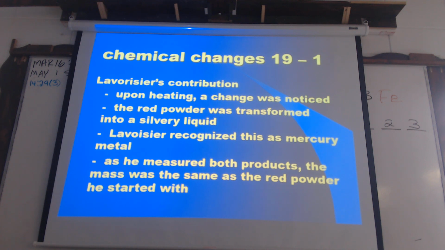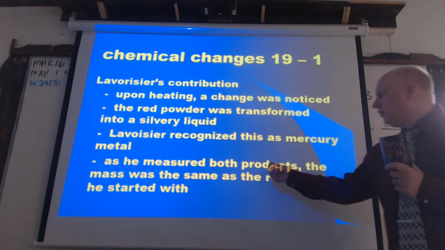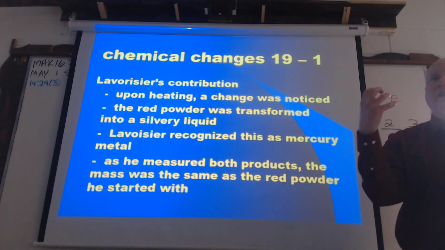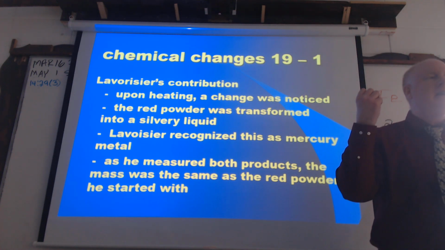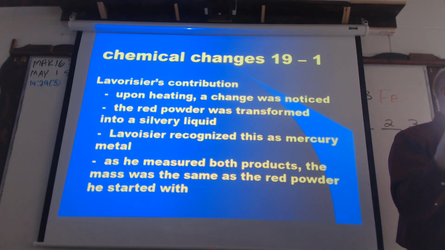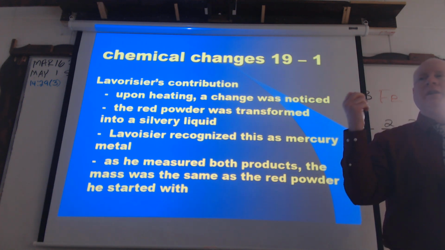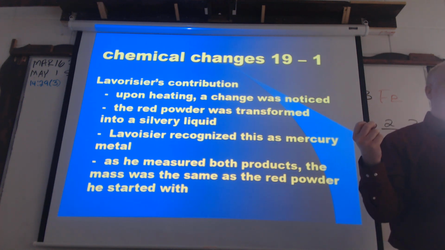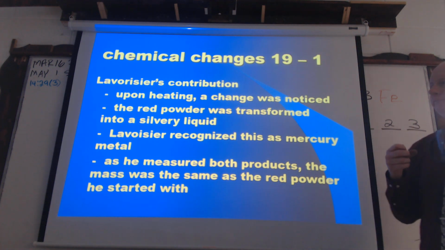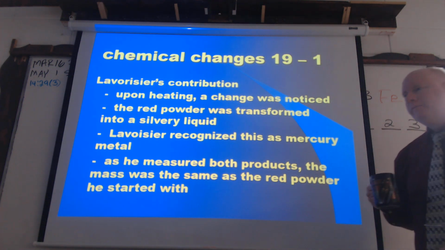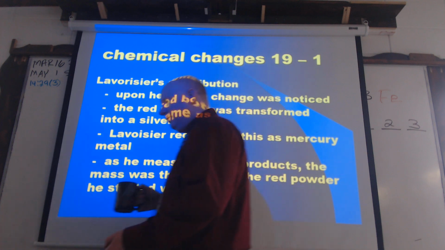Okay, so then what had happened is, since this container was sealed, he could measure both products. You could get an actual measurement of the gas in this test tube. And in this case, this gas was what? Muriatic acid. No, the red powder. Mercurial.